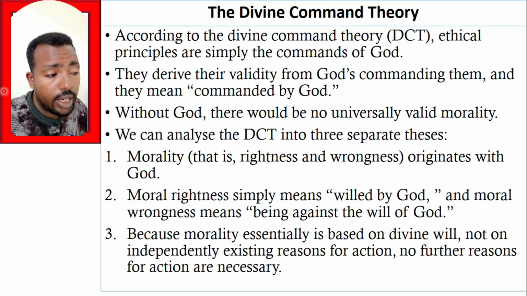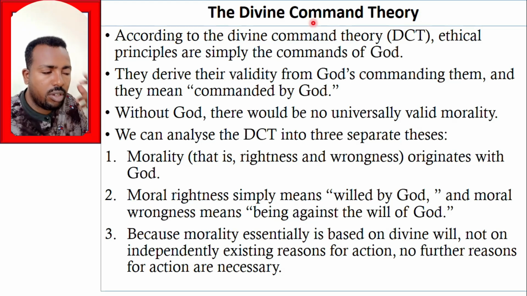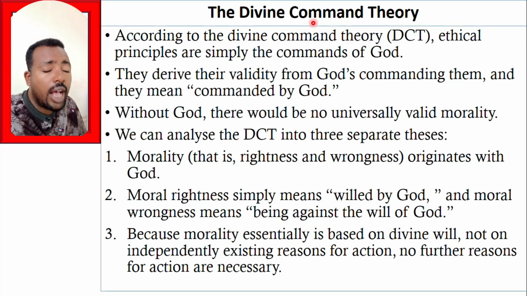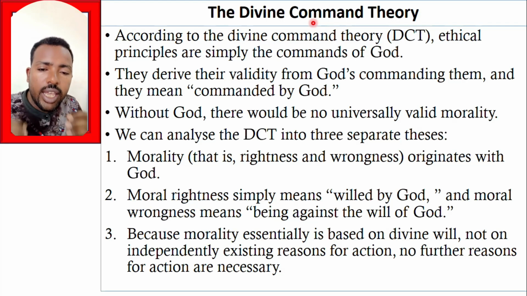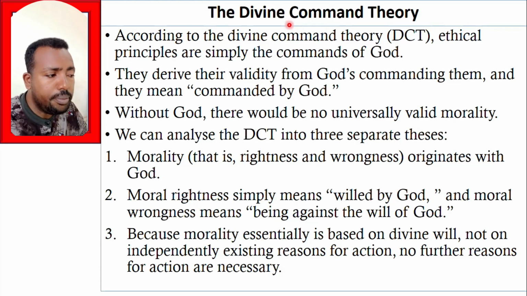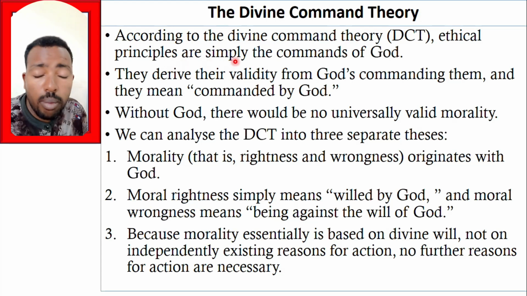The divine command theory was mostly propagated by religious theorists and religious scholars, and it has its own thesis towards the rightness and wrongness of an action that a person is required to perform in everyday life. According to the divine command theory, ethical principles are simply the commands of God.